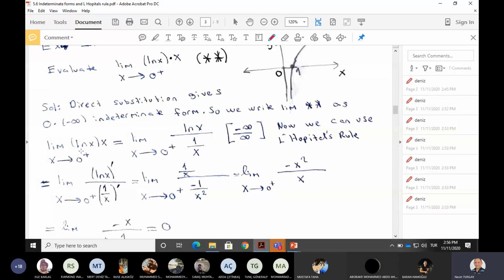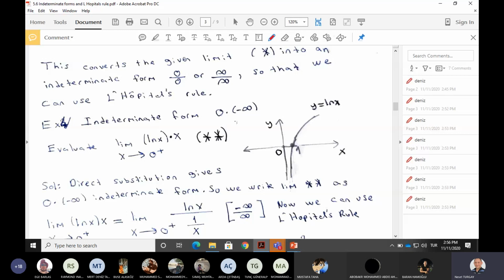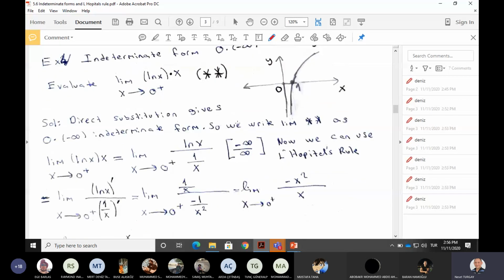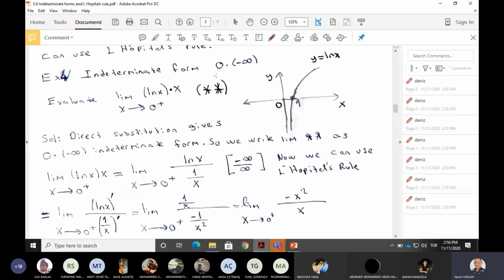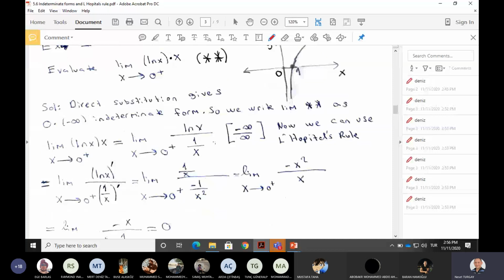So I write it like that instead. Now, can you see that the indeterminate form 0 times minus infinity immediately turns to this form? This goes to minus infinity because x goes to 0. This goes to infinity. Now I am ready to use L'Hopital's rule.